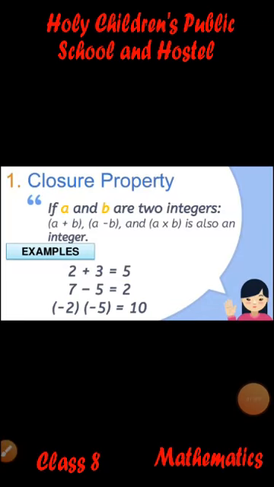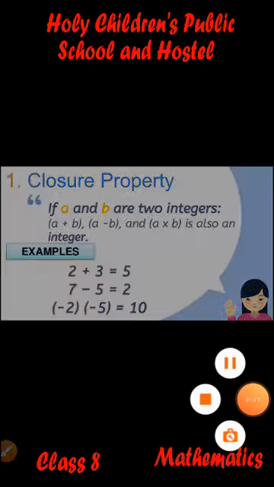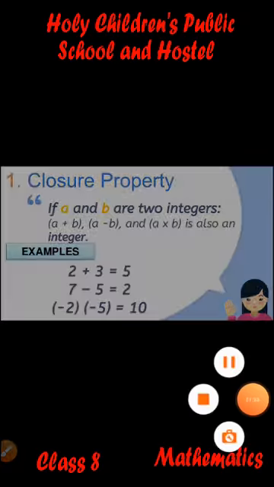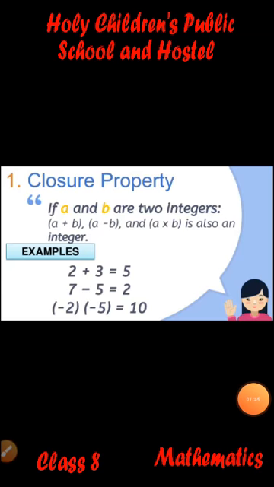Coming to the first one, and that is closure property. Closure property states that the sum of two rational numbers is always a rational number. Students, if you add two integers, you will also get an integer. Here we can see the closure property follows all four mathematical operations.